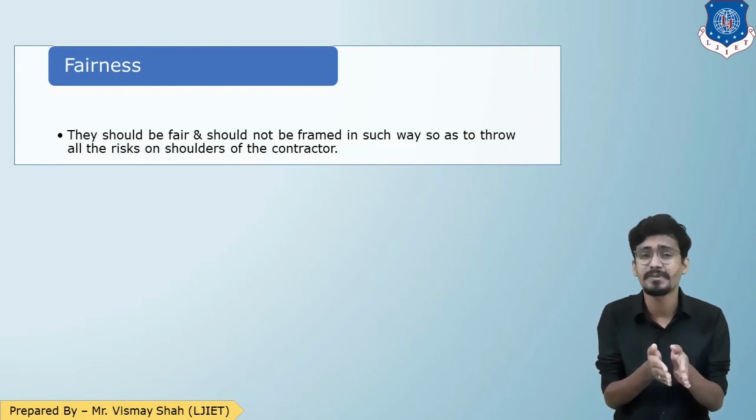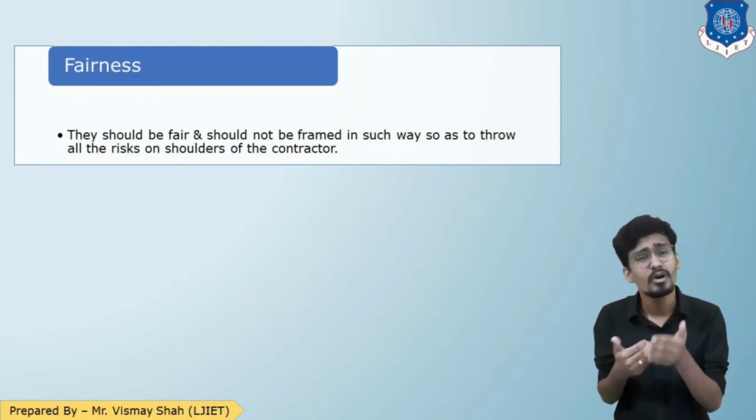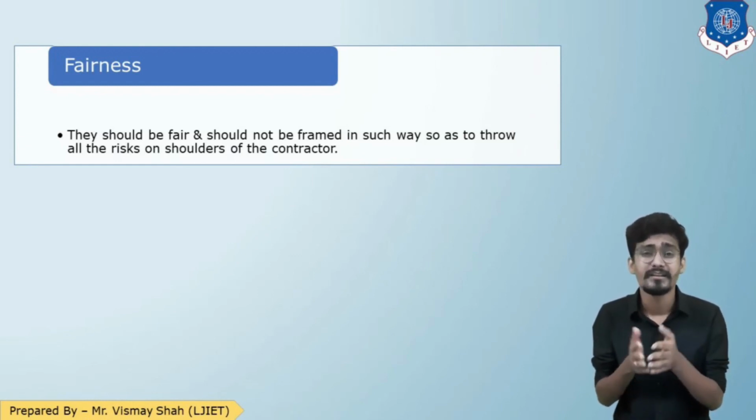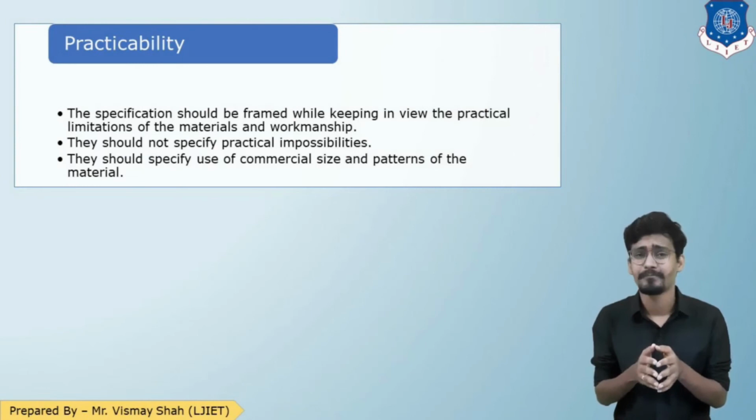There are certain responsibilities which are to be fulfilled by the client himself, and certain things which need to be done by the contractor himself. So by writing the specification, you cannot throw everything on the contractor's shoulder. Here, fairness does not mean the fair and lovely cream. Fairness means equality. How you write the specification should be equally balanced.